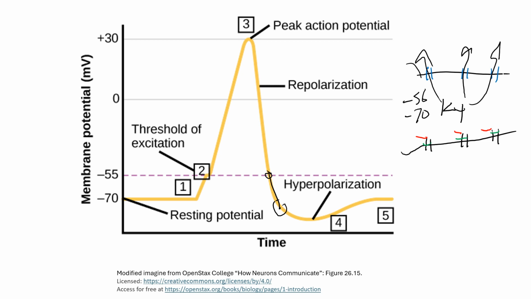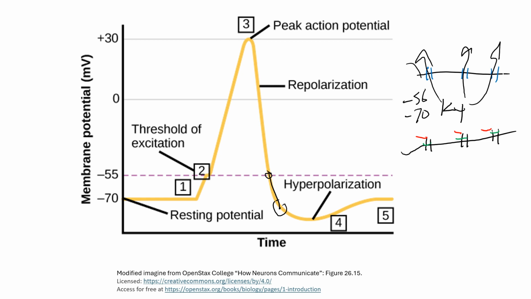What this means is if the voltage-gated sodium channels reset and their inactivation gates open and their activation gates close, that means that if we could get the interior of the hillock back to threshold, the voltage-gated sodium channels would in fact open again and we could have another action potential.